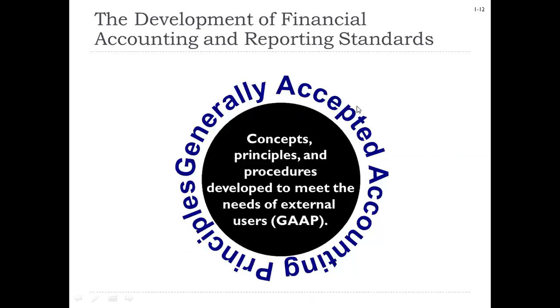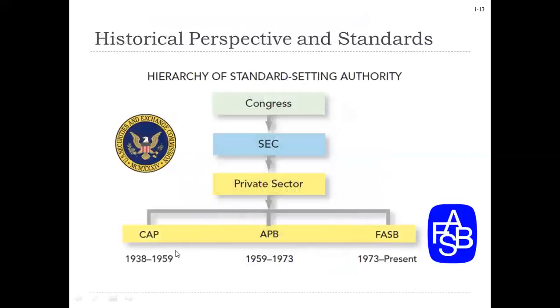Okay, so those are uniform, consistent rules that all companies use so that we can compare one company to another, because they use the same rules. Don't worry so much about this, but basically this is saying that the rules are set by the organization down here at the bottom.